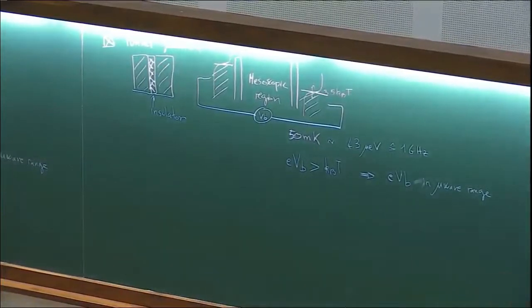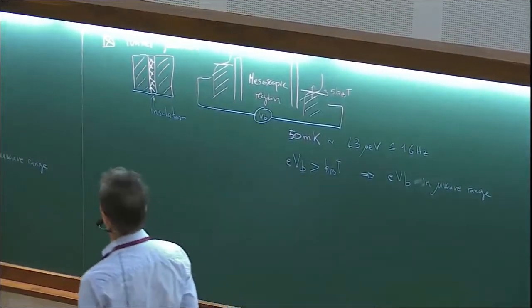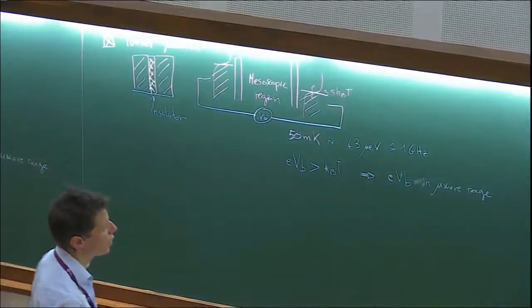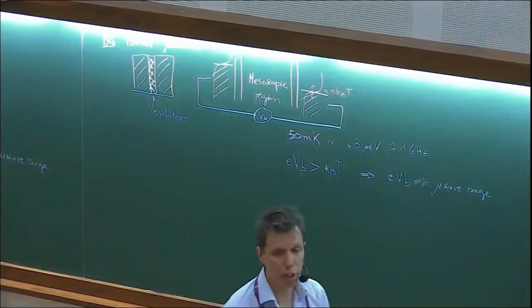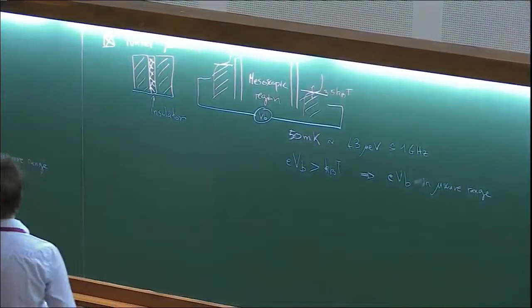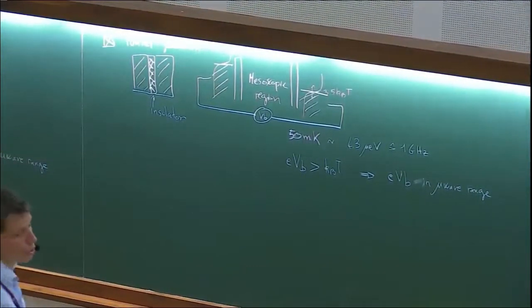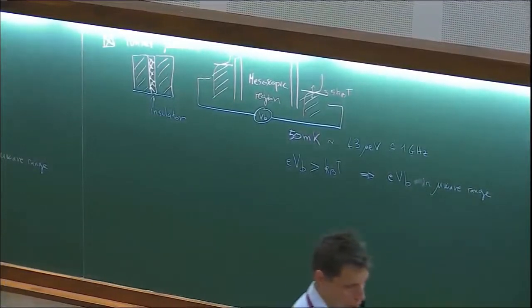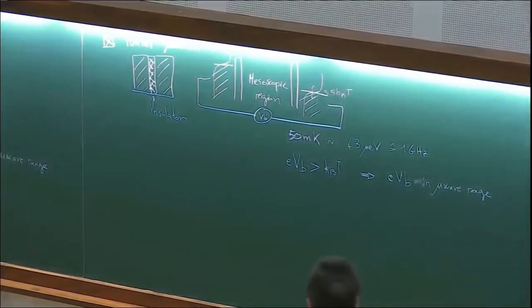So you see, there are many energy scales and processes which are in the microwave range, and so this is why, experimentally, it's interesting to try to couple these systems to microwave resonators or cavities.